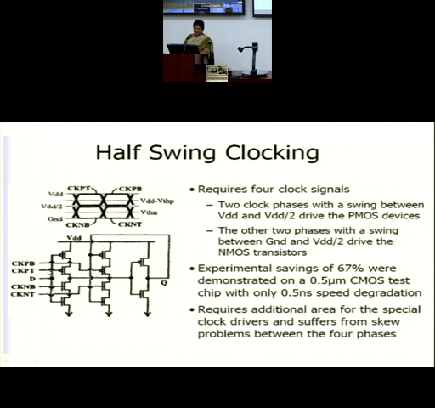Or if this is clock bar, this would be the clock. And data goes to the upper points. This is the data point. So when this is on, it behaves like an inverter to which data D is applied and you get a D bar. So this opens up in clock bar, that opens up in clock phase. It's a master slave configuration.